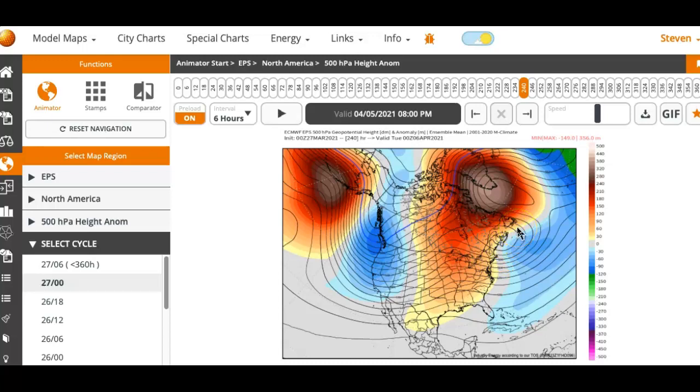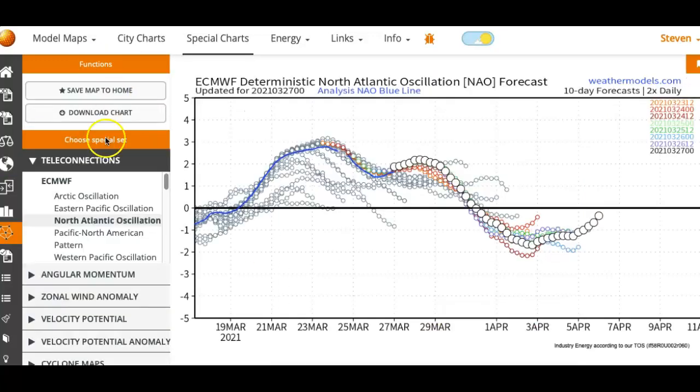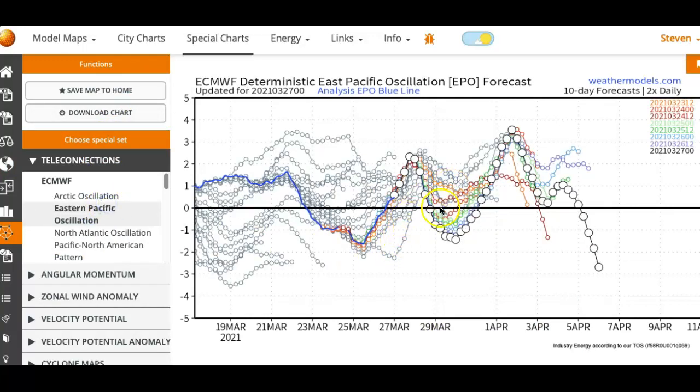And your block isn't going to last very long. Why? Because your Pacific pattern, which you can see very nicely here with your East Pacific Oscillation, is basically very volatile. When you see this, it doesn't tell you exactly what's going to happen, but it tells you what's not going to happen, which is that a block is going to remain in place.